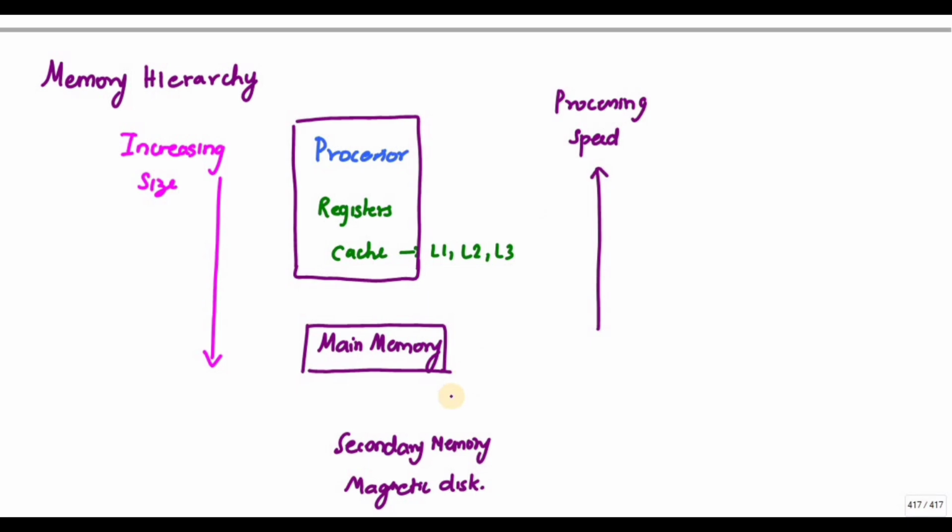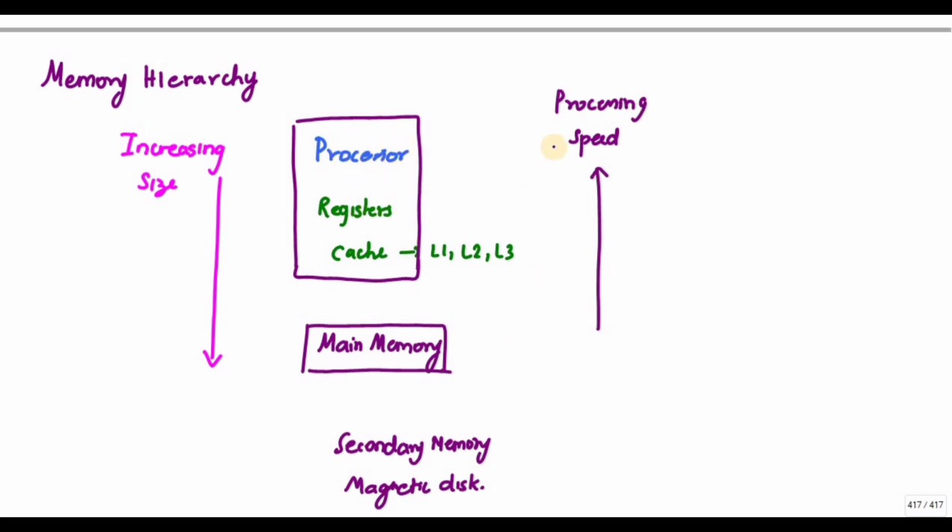If I want to copy any data from the CPU, it will be slower compared to transferring the instruction from the processor register. So you can see the processing speed must be higher in this direction.